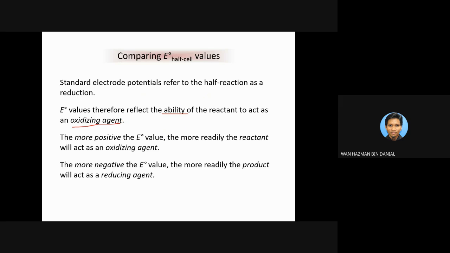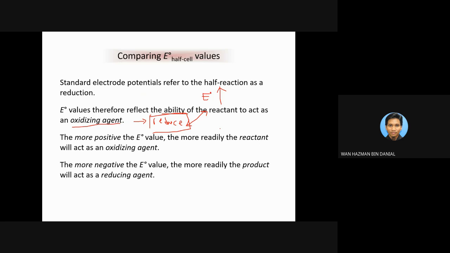In other words, the oxidizing agent is the one that is reduced. Personally, I like to refer to it in terms of reduction. If you have a problem, you can straight away focus on the reduction. If the value of E naught is high, it has a high tendency to reduce.